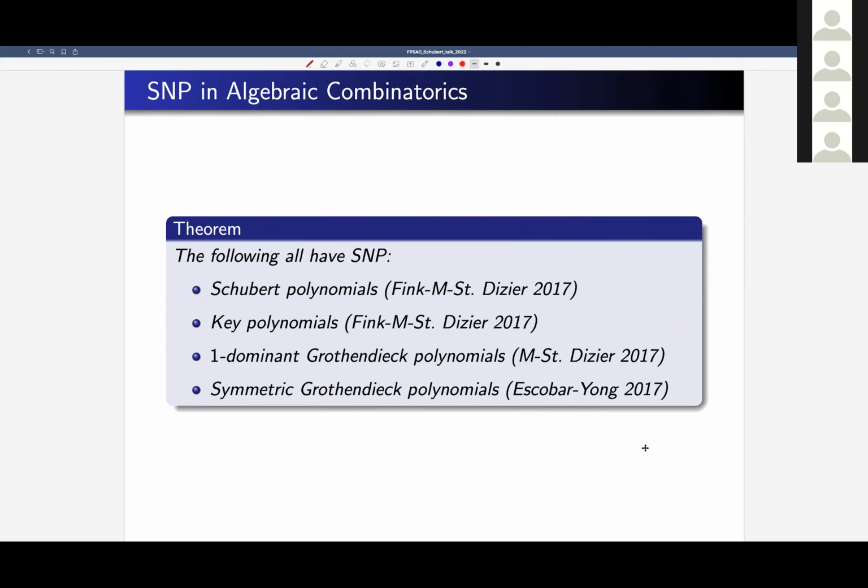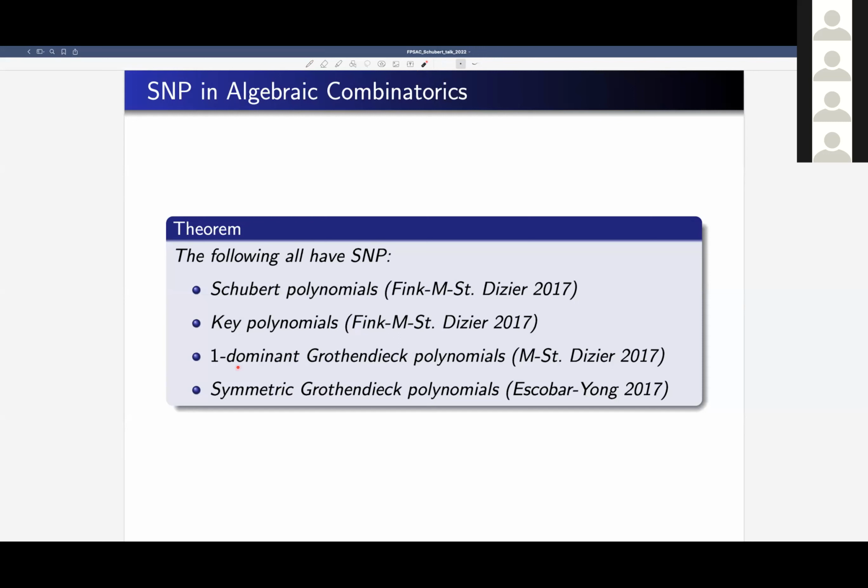And these are the theorems, and as far as I know, there hasn't been any further progress. So I hope that maybe 5 years on, there might get something. So all the results are from 2017. We proved that Schubert polynomials have saturated Newton polytopes, key polynomials have saturated Newton polytopes.